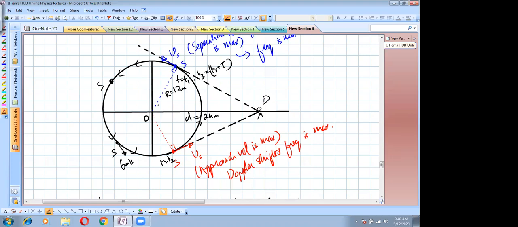So that means if this angle is theta, so that theta is how much? Theta is sine inverse 1 by 2, or it is pi by 6.